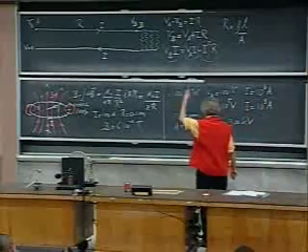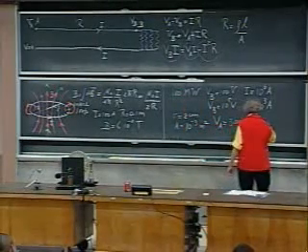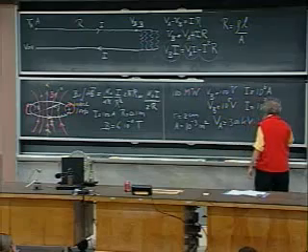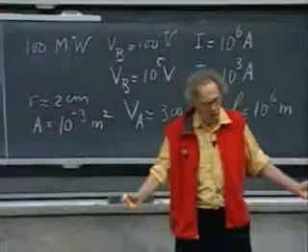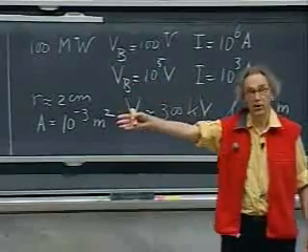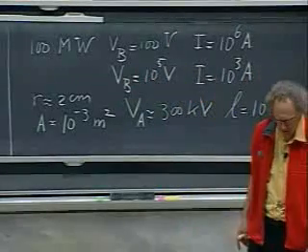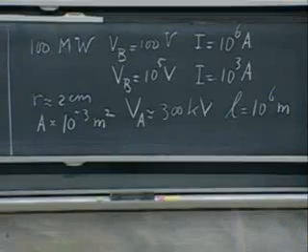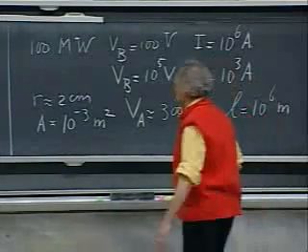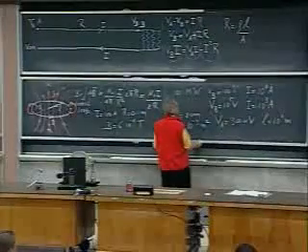If the length of that cable, L, were something like 1,000 kilometers, not an unreasonable number if we get our electricity from the Niagara Falls to Boston, you can calculate now what the resistance of that cable would be.